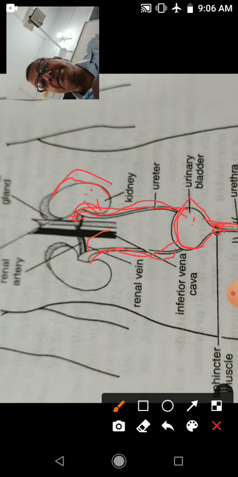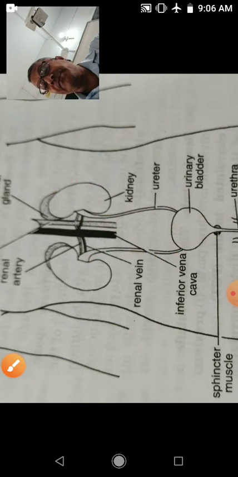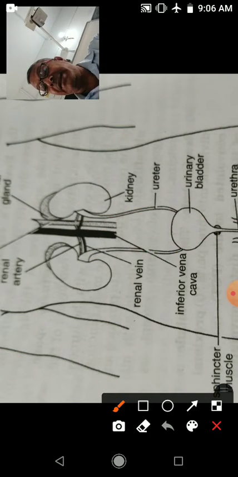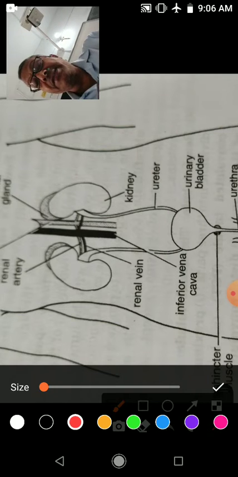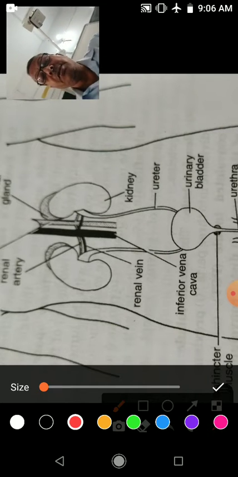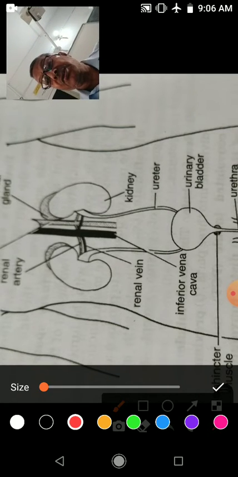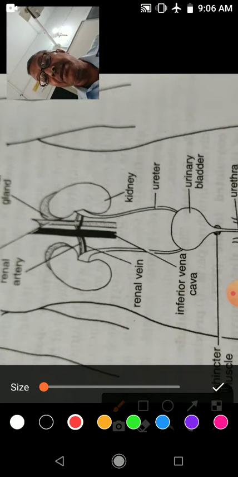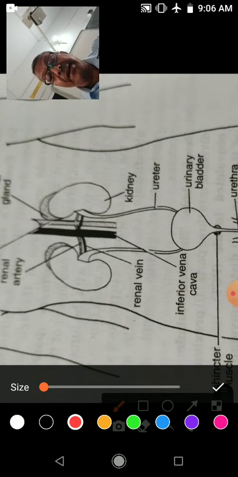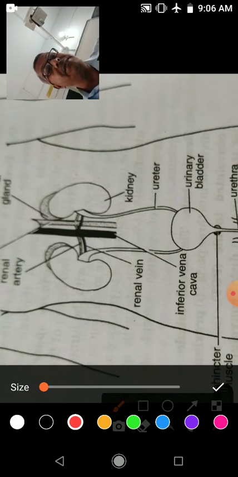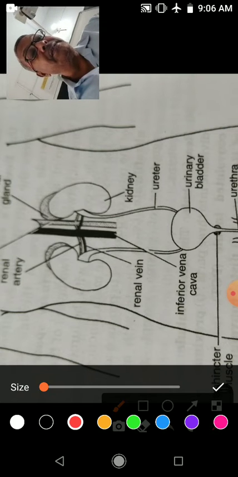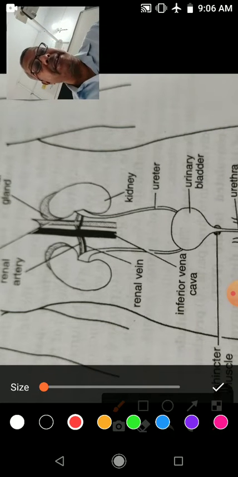In the kidney, there is a supply of blood. To supply the blood to the kidney, there are blood vessels. These blood vessels are the renal artery and renal vein. The renal artery supplies oxygenated blood.